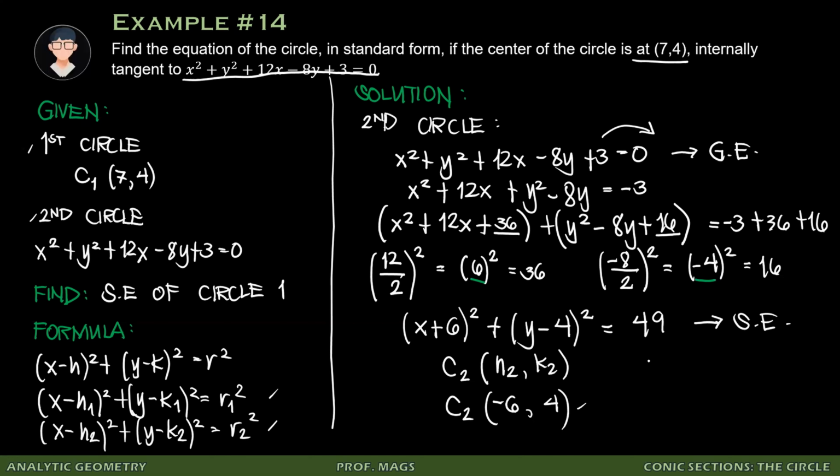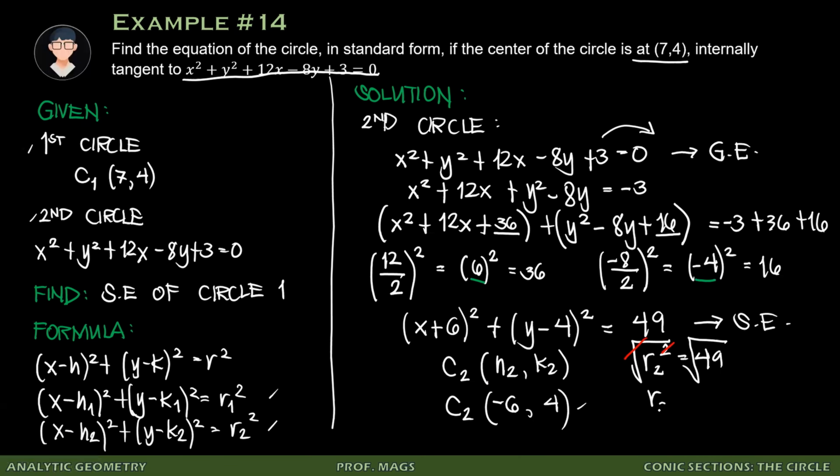And now we're going to find the r sub 2. R sub 2 squared is equal to 49. So we're just going to get the square root of both sides of the equation. So makakancel yung square.